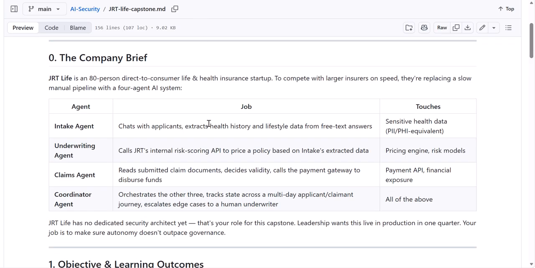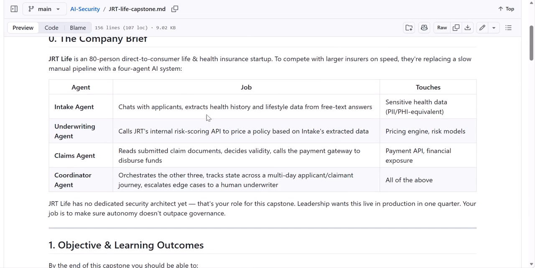What exactly we are going to do here is discuss the architecture, mostly with a cybersecurity focus. For this, I have another GitHub page where this four agent architecture is discussed. In that GitHub page, the complete deployment architecture and deployment steps are also mentioned.